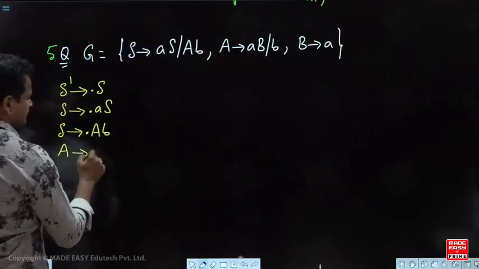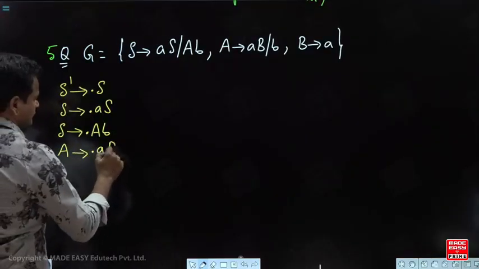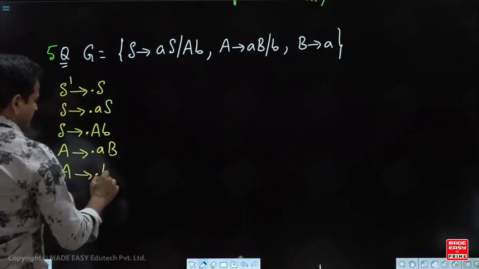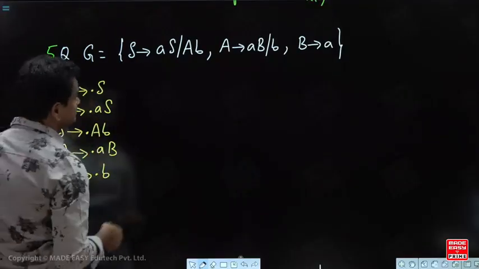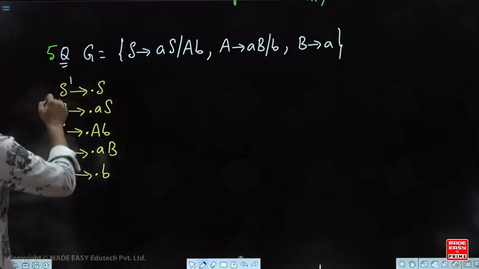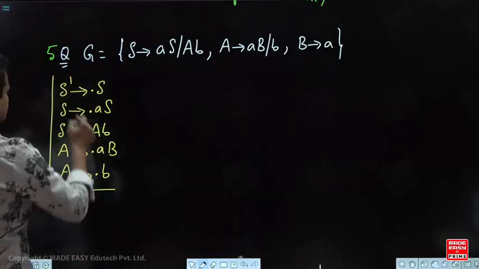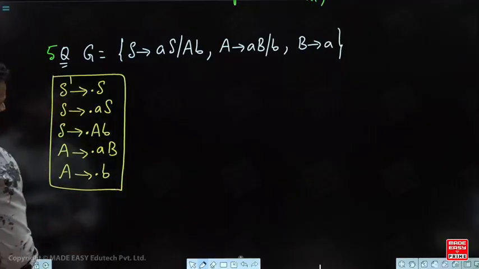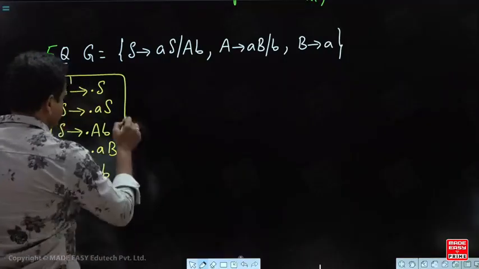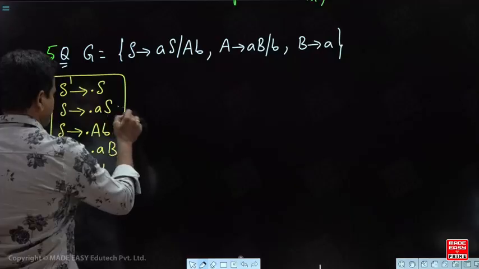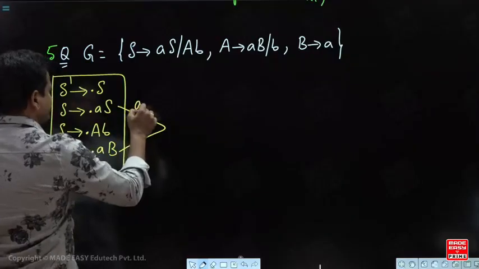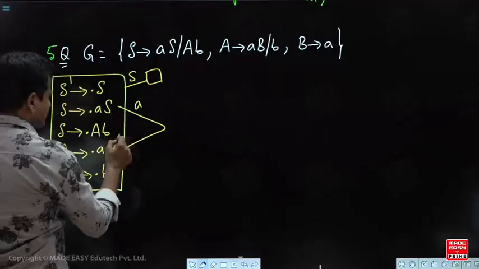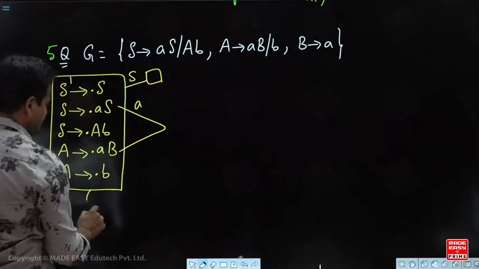Dot after A. Okay? So we should not add B's productions here. The only chance here is on a single symbol: on capital A single, on B single.